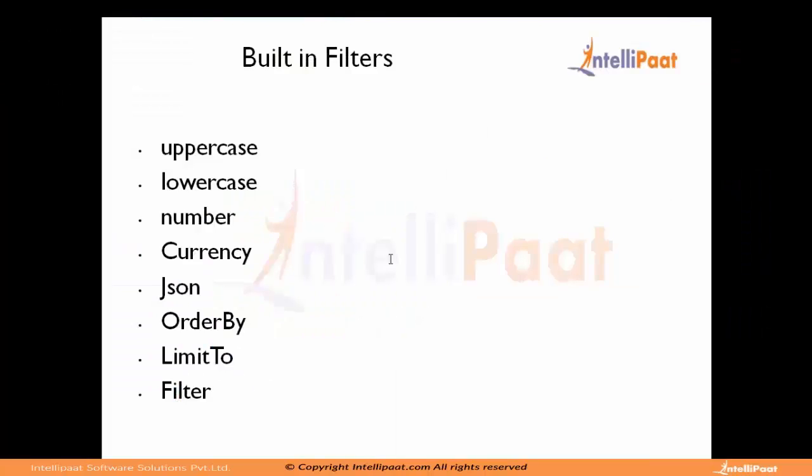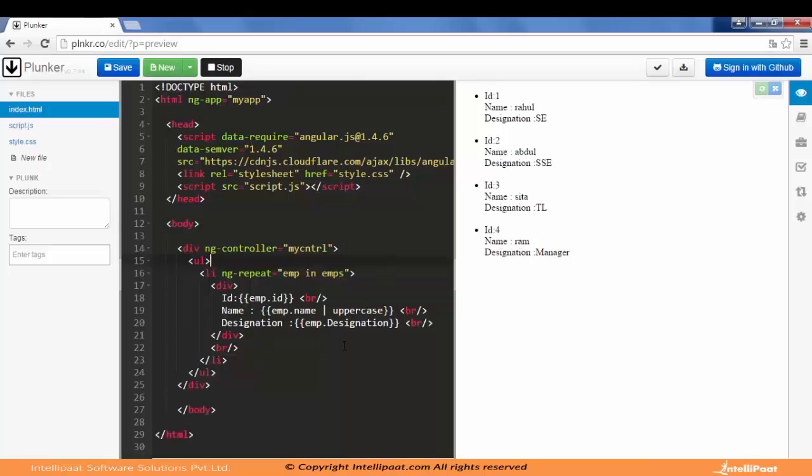Okay, the next 2 filters are number and currency. To show you the number, let me create a temporary expression here. Suppose I am writing this value. Now I want to see only the first 2 decimals of this number. The number is 3145678.